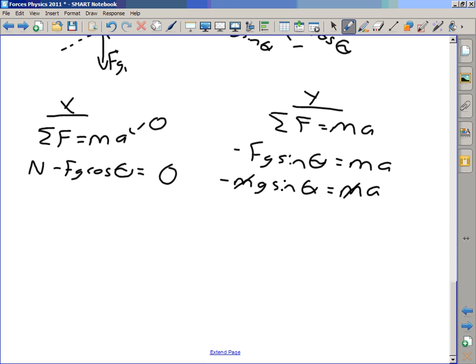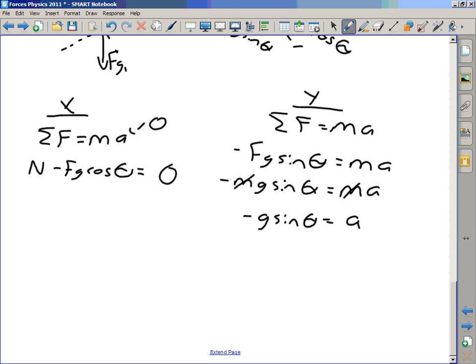I'm doing that just to get you used to that idea. So I'm going to cancel out my masses, leaving me with negative g sine theta is the acceleration. The component of gravity going down the hill is the acceleration of this car. That should make logical sense to you. It's the acceleration of a car that's rolling freely, so it's going to be the component pulling it back down the hill.